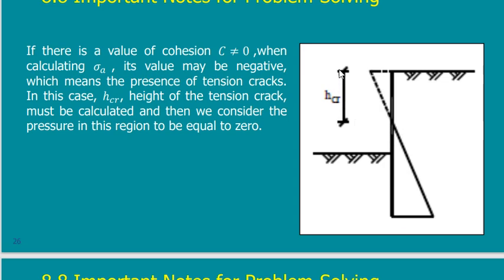We call it H crack. H crack is the depth of the tension crack that will be induced in this soil due to the effect of C next to the phi portion of the soil.